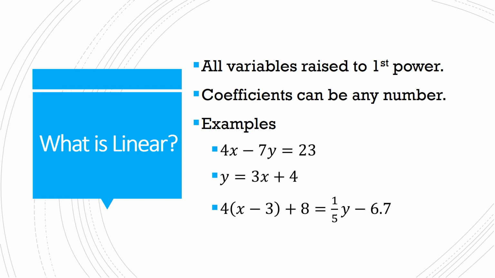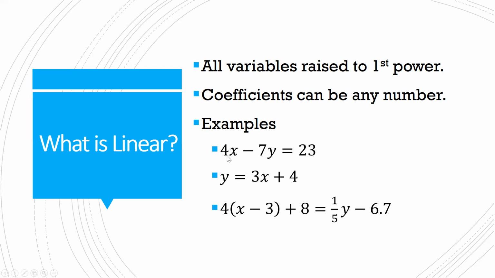Now, coefficients of linear equations can be any number we want. So for instance, 4x minus 7y equals 23 is a linear equation. y equals 3x plus 4 is also a linear equation. 4 times (x minus 3) plus 8 equals 1/5 times y minus 6.7 is also a linear equation.